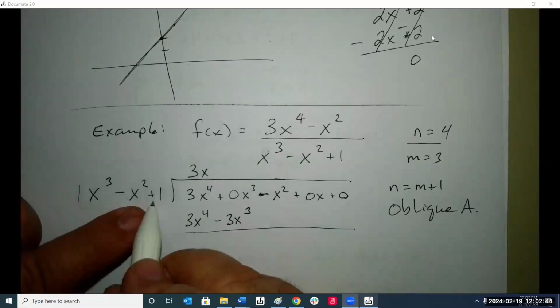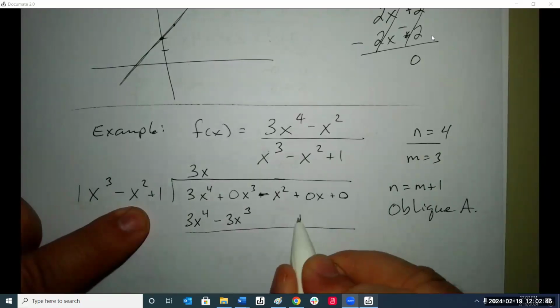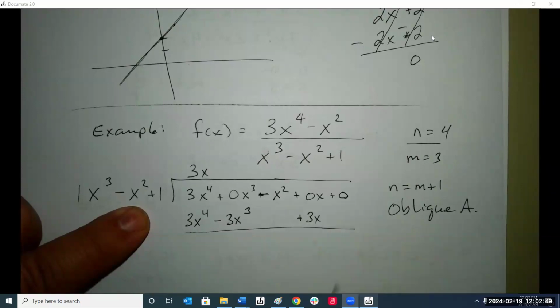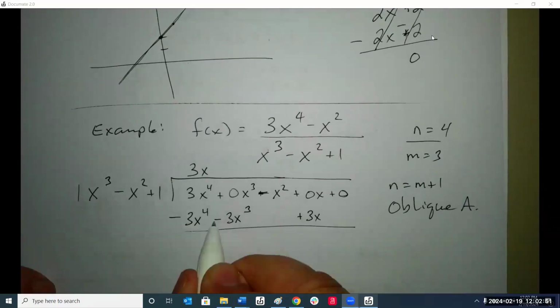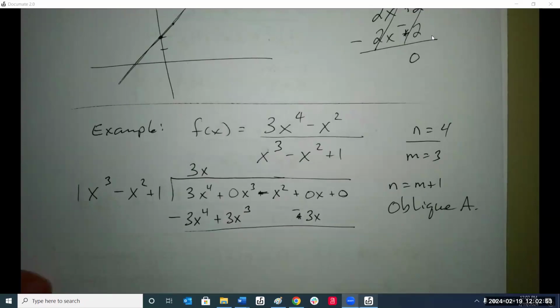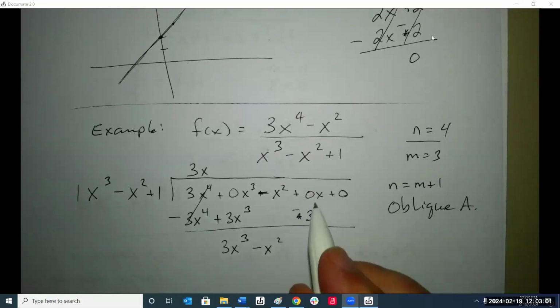One more, 3x times 1. Change the signs and add. So that cancels. This becomes 3x cubed minus x squared minus 3x plus 0.